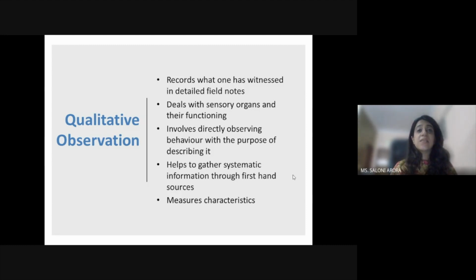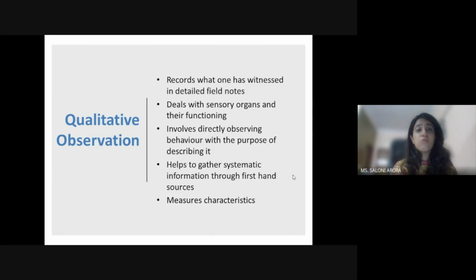In this case, you are measuring the characteristics, but you're not measuring the numbers. Why not numbers? I can't just rate person A as 1. No, I can say that person A is shy, person A is polite, person A is active, but I can't say that person A is rated as 2, 3, or 4.